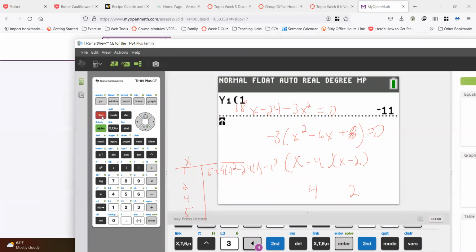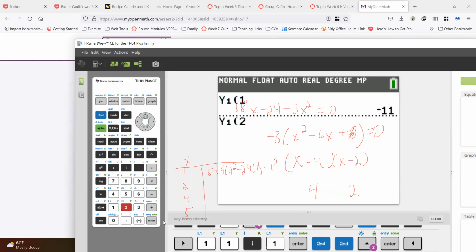-11. Then I can do second. Actually, you can hit the up arrow, can't you? You can hit the up arrow and grab that again and just change the 1 to the 2. Hit the up arrow. Change the 2 to a 4. Hit the up arrow.